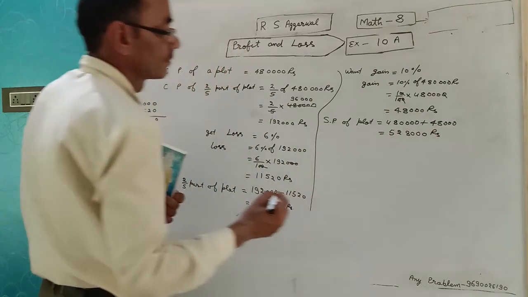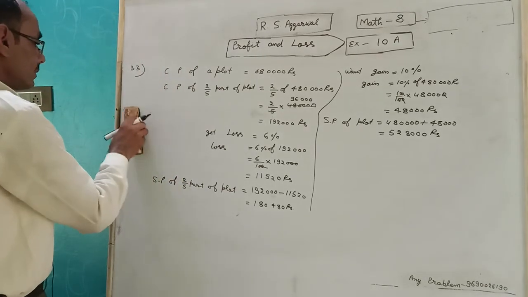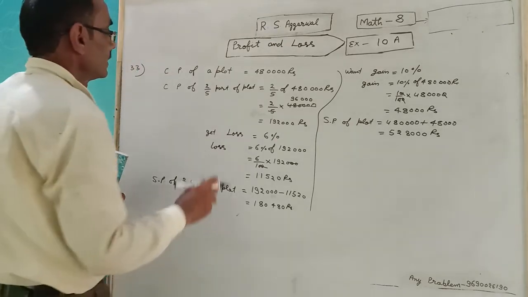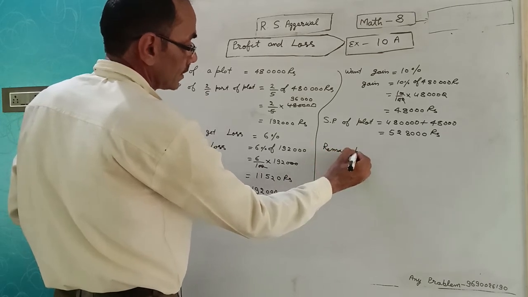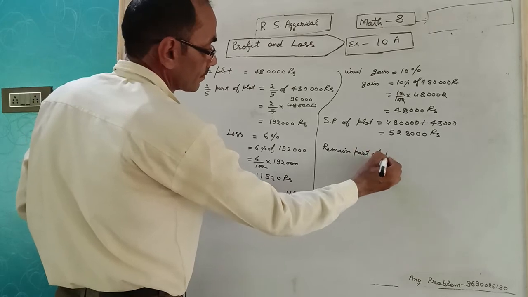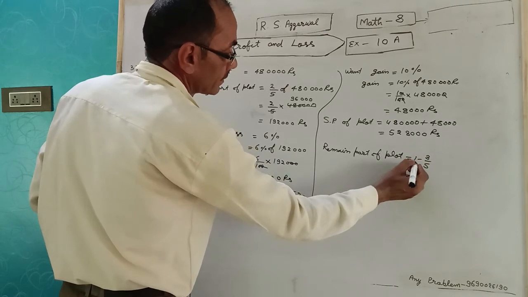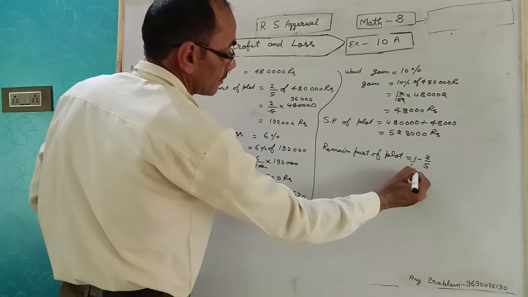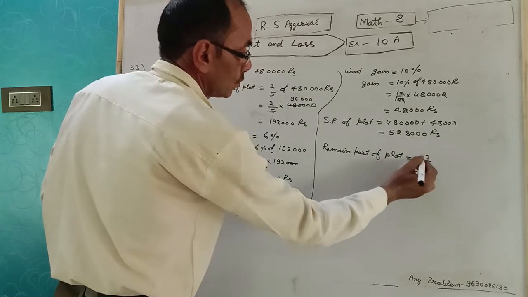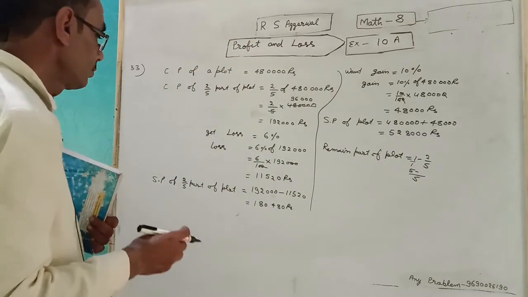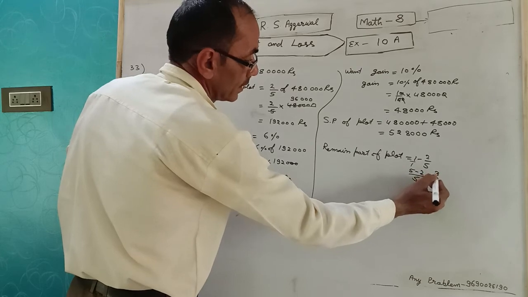In the question, the rest part or remaining part of the plot is equal to 1 minus 2 upon 5. Taking the LCM, 5 minus 2 upon 5 is 3 upon 5.